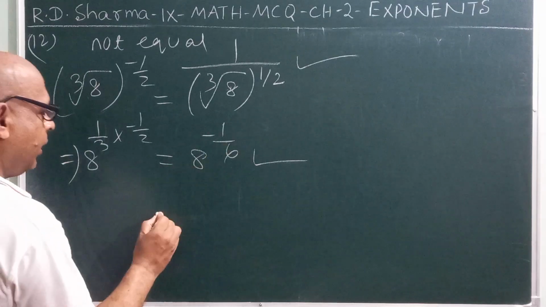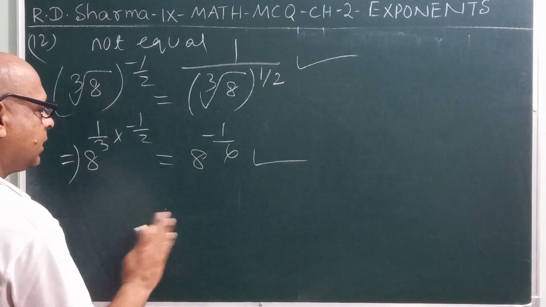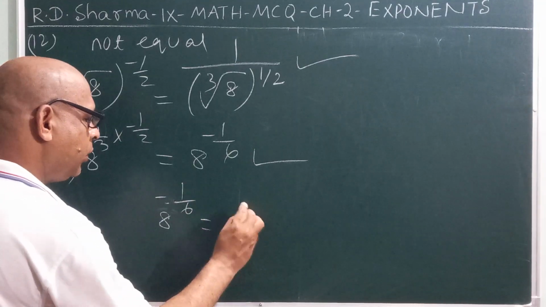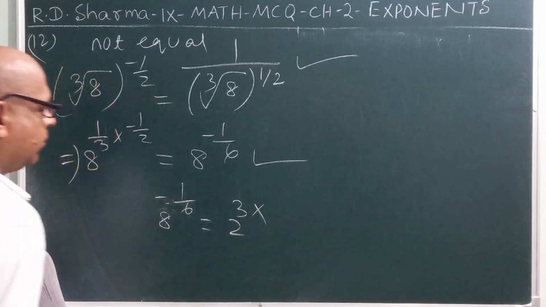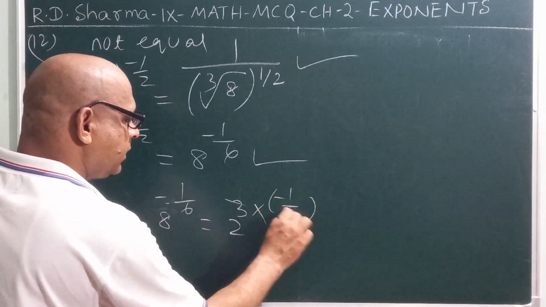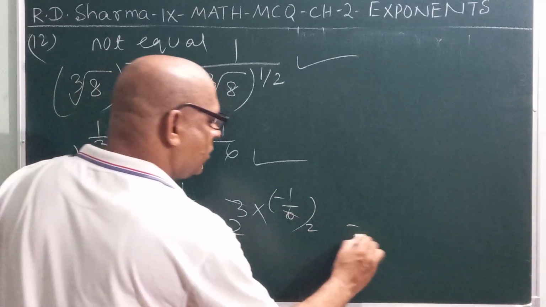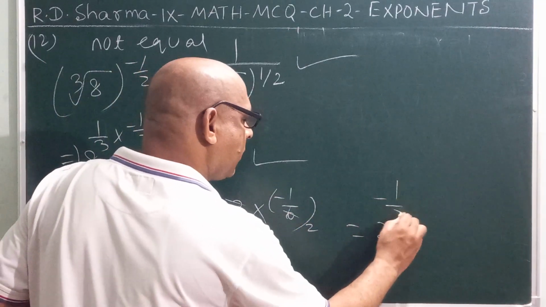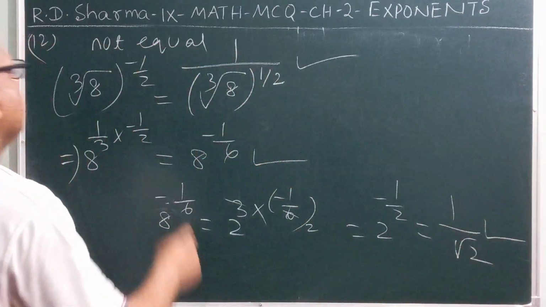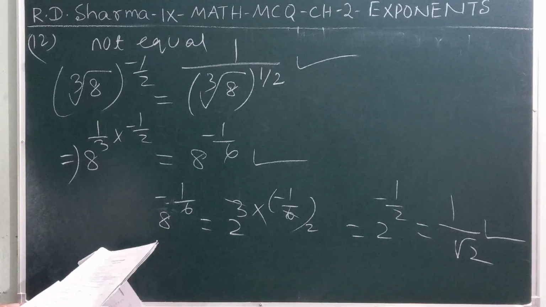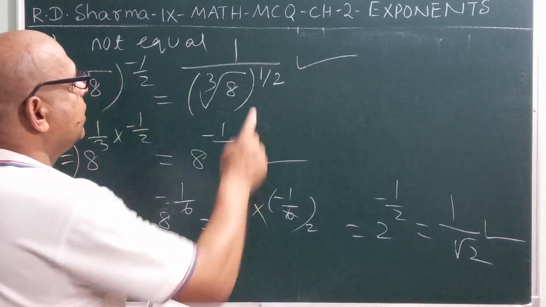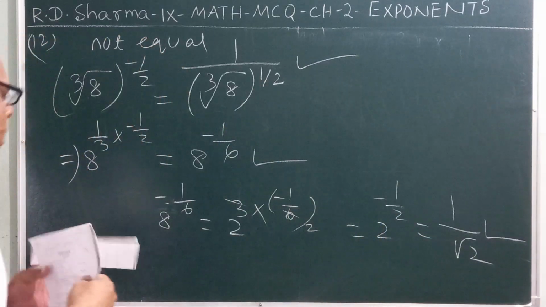Then 8 to the minus 6. 8 to the power minus 1 by 6 equals 2 to the power 3 into minus 1 by 6. 3 and 6 cancel, 2 to the power minus 1 by 2 equals 1 by root 2. It is okay. The question is not equal. 8 to the power minus 6, it is okay. 1 by 3, it is okay.